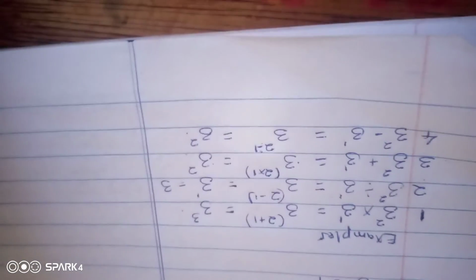Okay guys, I think we have come to the end of these indices and the laws of indices. I can take you through an example which applies the same. Let's look at this sum here.